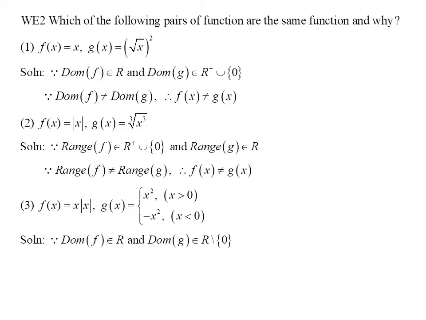After careful inspection, we find that f(x) is almost the same as g(x), except at one point of x equals 0. Obviously, both domain and range of f(x) are real number, while both domain and range of g(x) do not cover the point (0, 0). So f(x) is not equivalent to g(x).